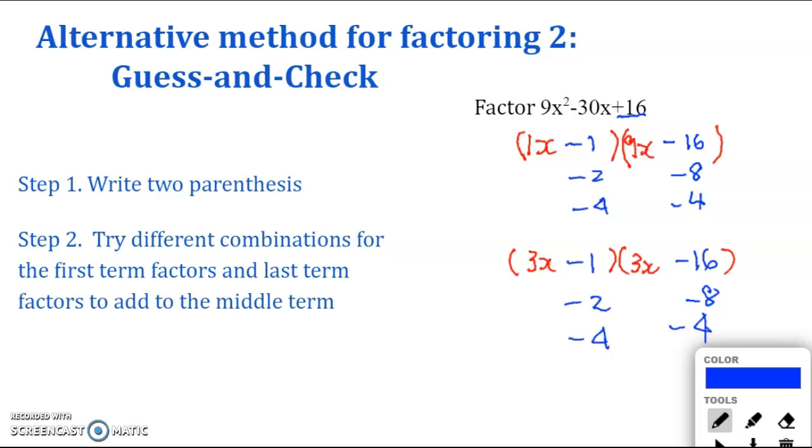That's not negative 30. So basically, you're multiplying and adding the outside terms and the inside terms and seeing if you're getting negative 30. 1 times 16 is negative 16 minus 9 is negative 25, so that's no good.